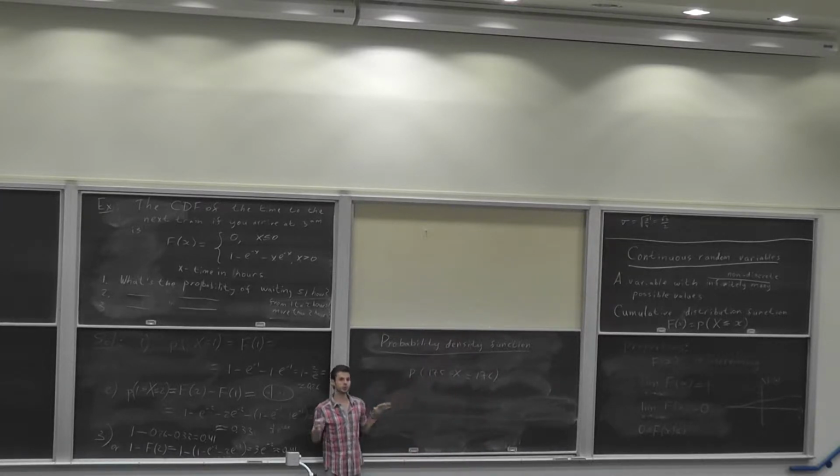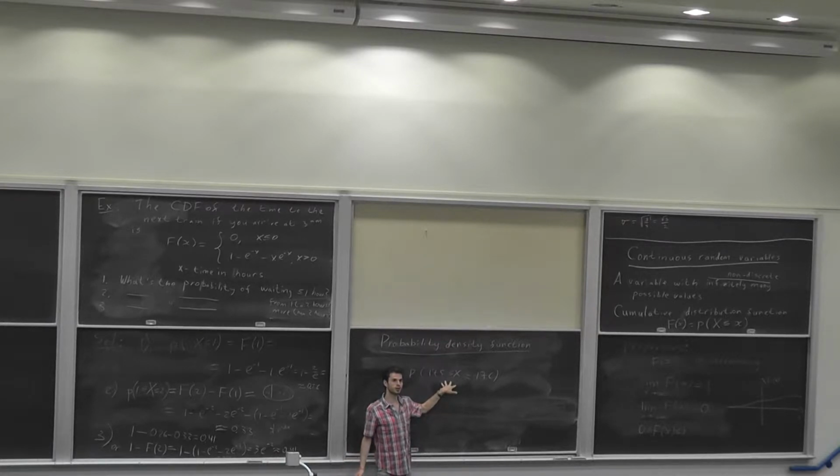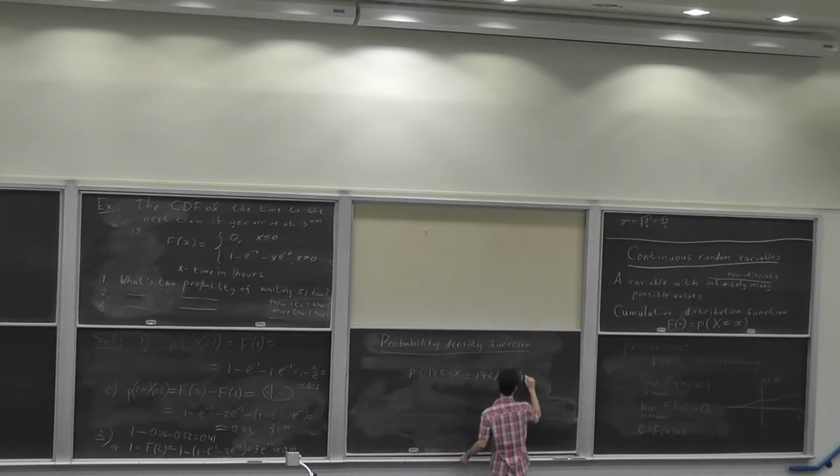It is some number. It captures some information about how likely it is to see somebody who is about 175 centimeters tall. It can be easily expressed in terms of this cumulative distribution function. We just discussed what it is. It is F(176) minus F(175).